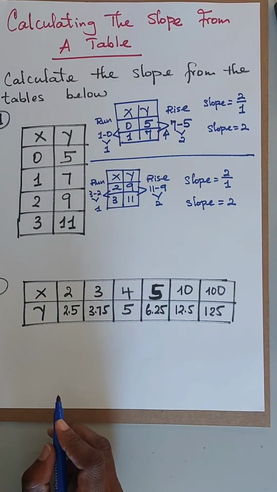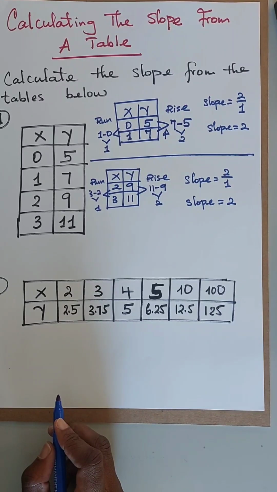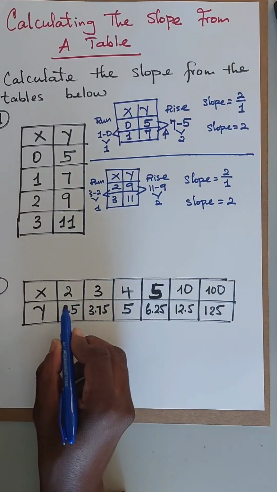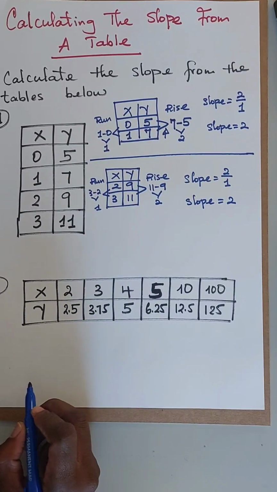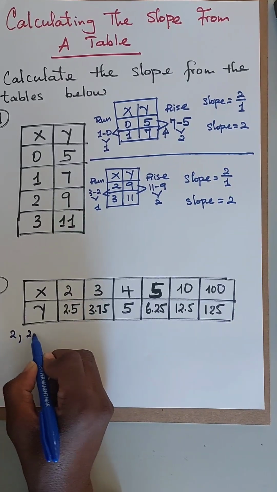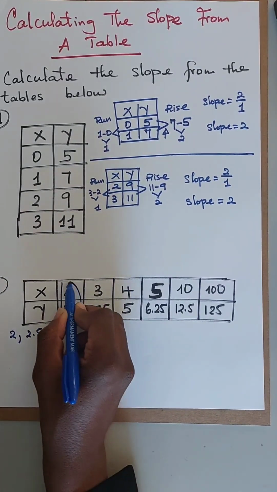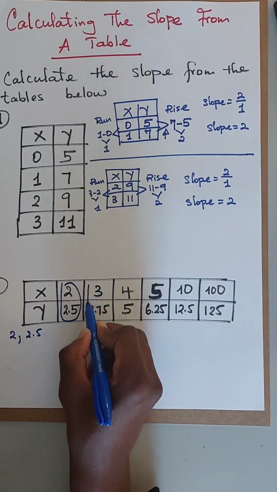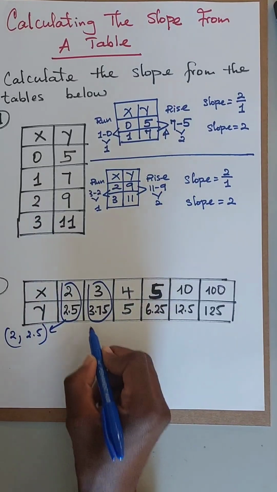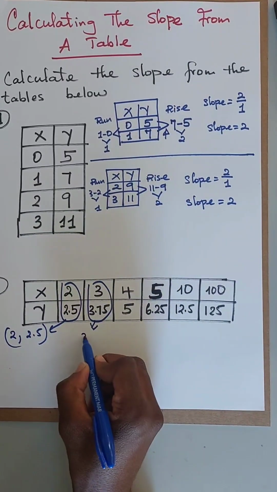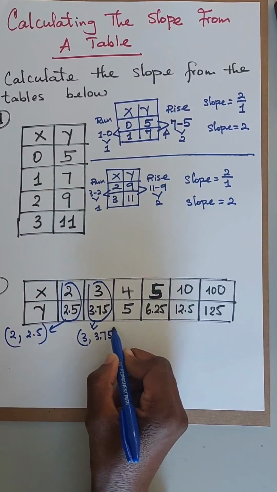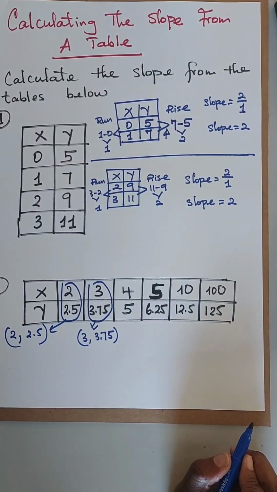Again, you could use the strategy of using a smaller table, or you remember that if you were to write out these points as ordered pairs, then you have a point such as 2, 2.5 for this pair, okay, and this second pair of points is 3, 3.75. Okay, so don't worry about the decimals, they are numbers as well.